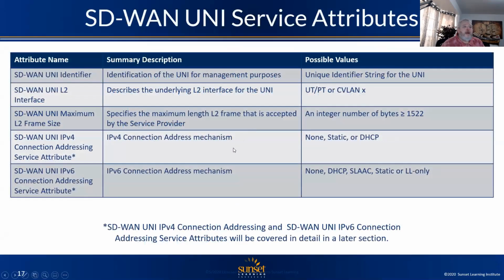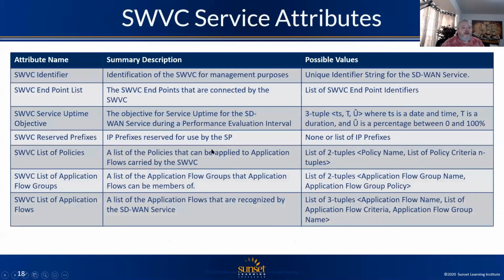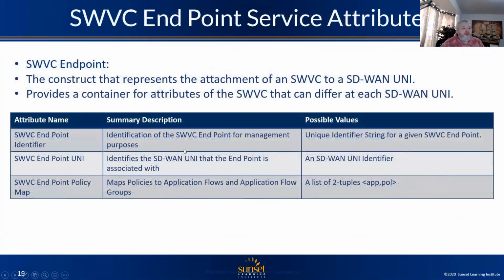All right. And service attributes, I'm not going to go through them because I'm out of time. But we talk about each of these. You're going to need to understand each of these, what they do, and the function that they provide when we're doing an SD-WAN service. So that's what I got for this 15-minute session.